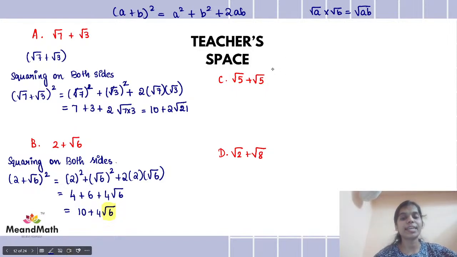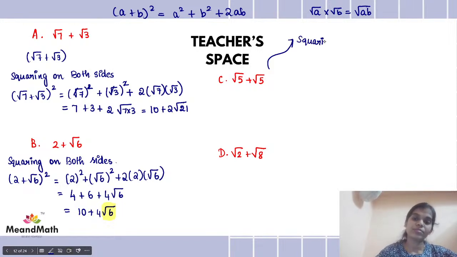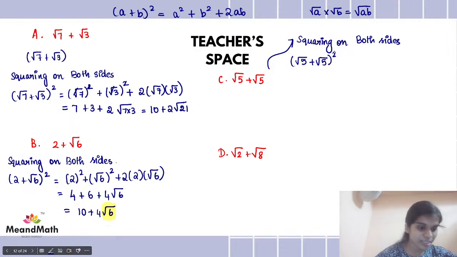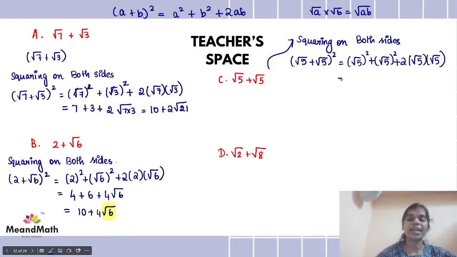Now, coming to option C again. Squaring on both sides. Root 5 plus root 5 the whole square equals A square plus B square plus 2 into A into B. Again, root and square get cancelled.